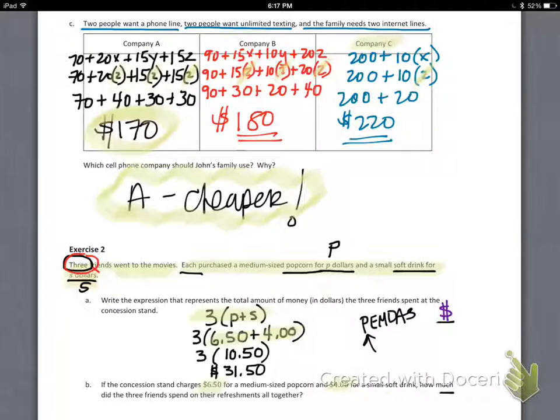So still 3 times $10.50, and then my final answer is $31.50.